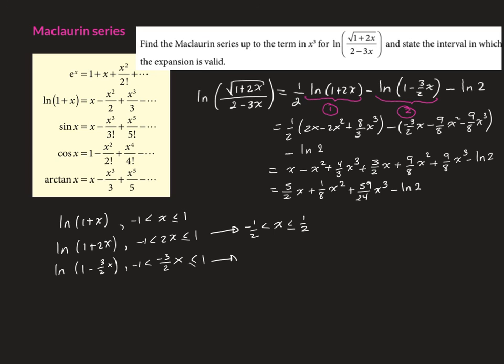The third condition that we have here leads to values of x between minus 2/3 and 2/3. So with these intervals in mind, we need to see the overlapping sections, and that is going to be x between minus 1/2 and 1/2.